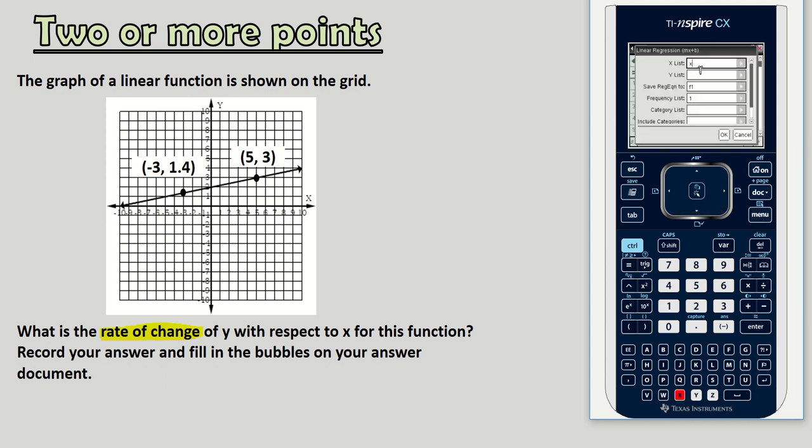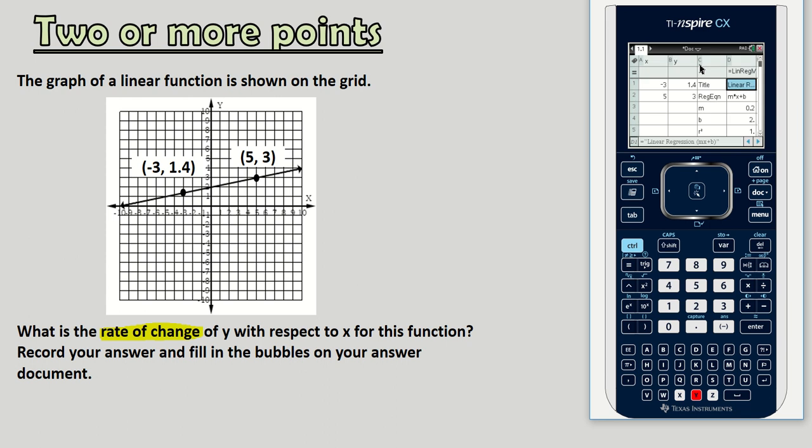We put X for the X, Y for the Y list, and my slope is 0.2. Of course, this is not multiple choice. This would be a griddable question, but it wouldn't be hard to do because we're using our calculator. So my slope for this situation is equal to 0.2.